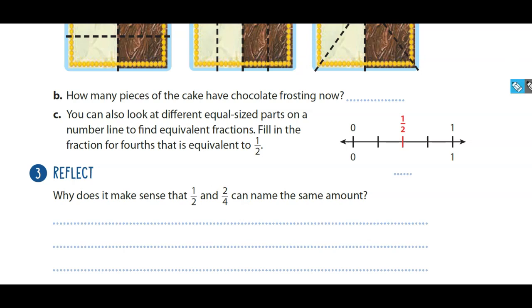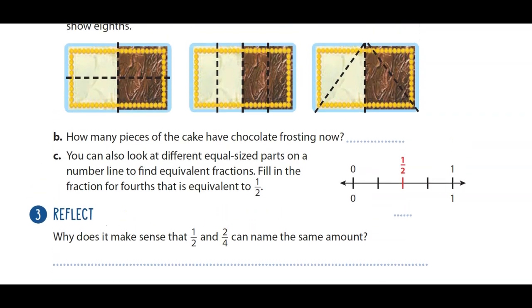So out of all those three models, how many pieces of cake have chocolate frosting? Just two sections, right? Okay.